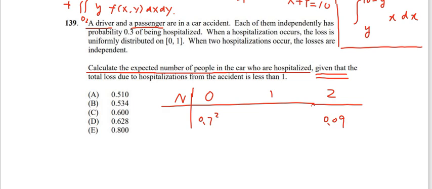And one injured is 2 times 0.3 times 0.7, so we put these numbers. Here we find this equals 0.42, which makes the total 1. Or we can say this one injured, one not injured.